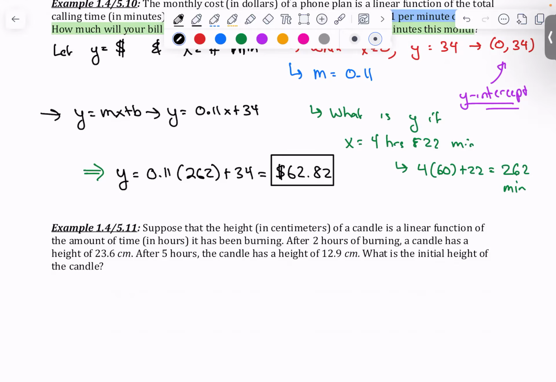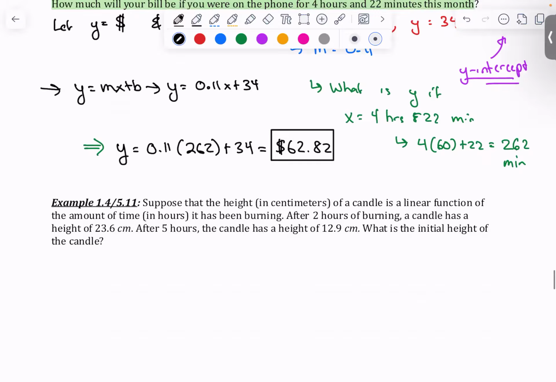Okay. We're not given a rate, but we can create a rate since we know it's linear. So let's define some variables. Let t equal time, and h equal height.